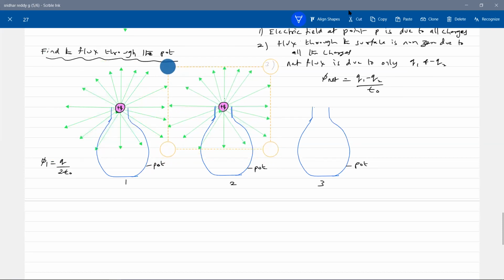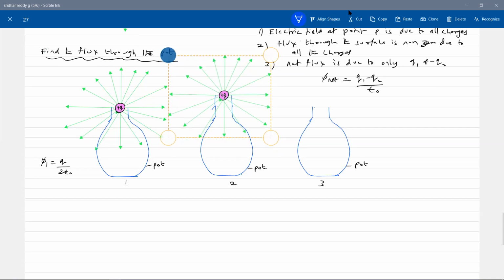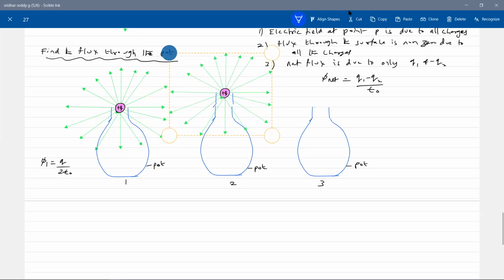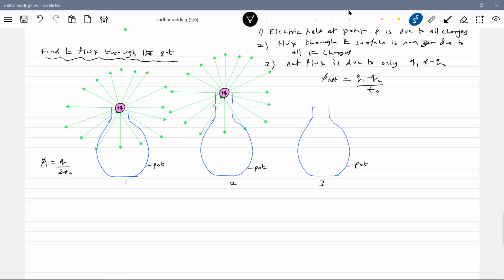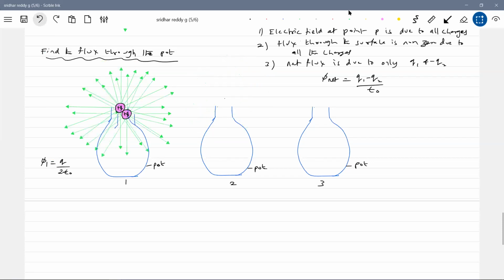Now earlier it was here, no? Now I'm going to shift this point charge. I'll bring it once again.